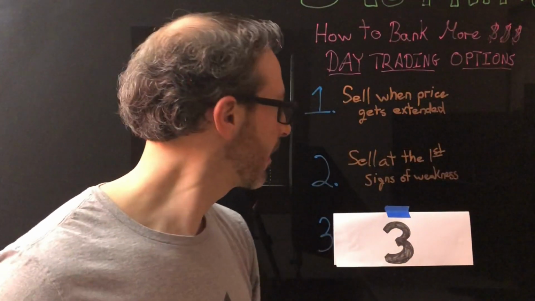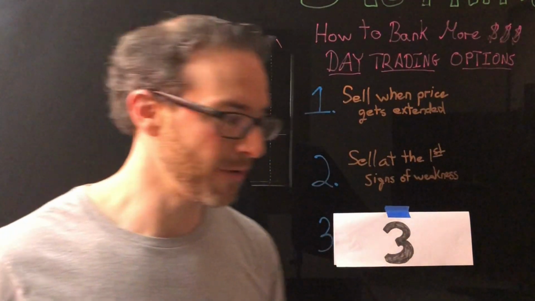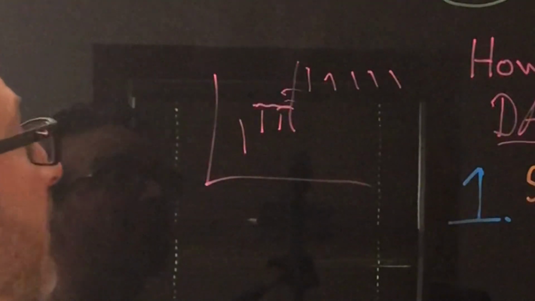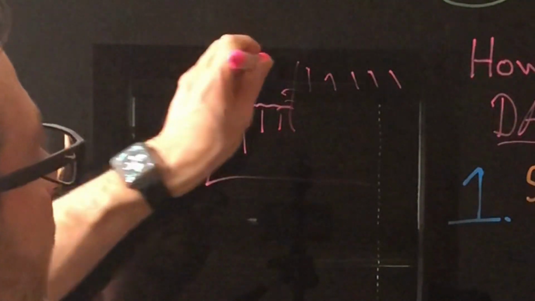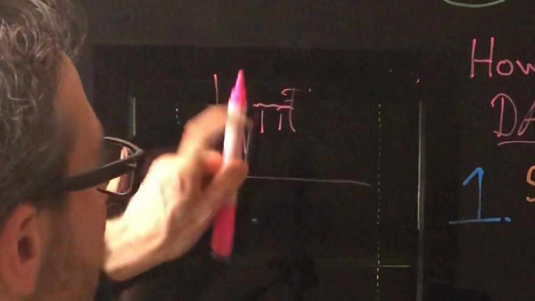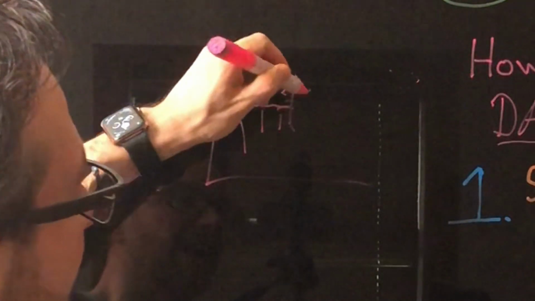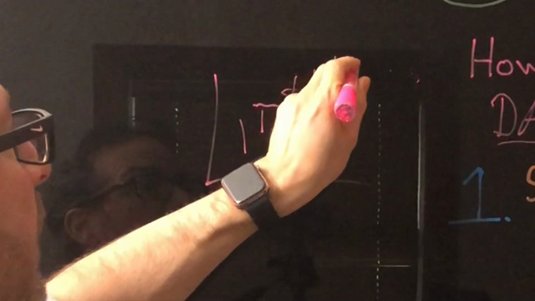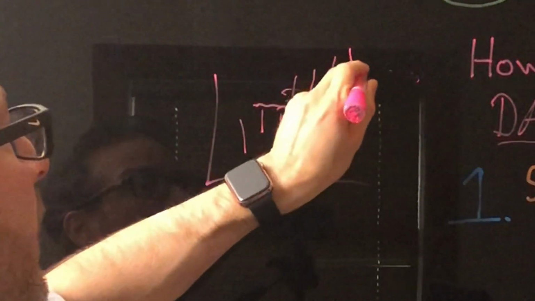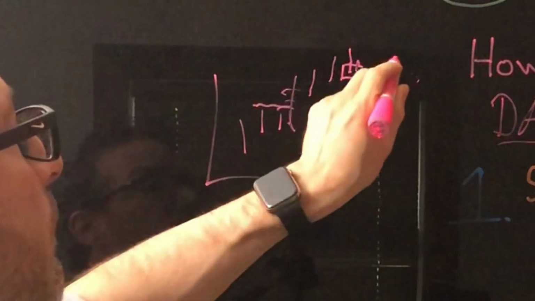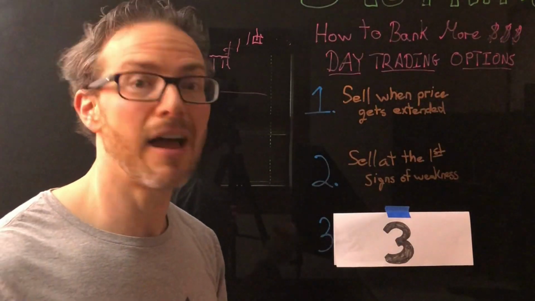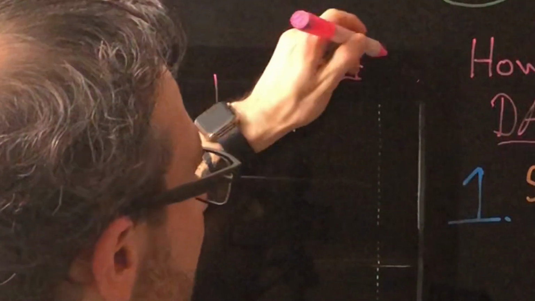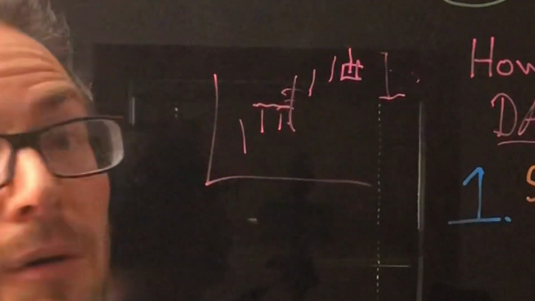Next, you want to sell at the first sign of weakness. Let's say that price moved up and then it's starting to move up higher, and then you get a candle where it's closing near the bottom, or if you're a bar chart guy, I look at both, let's say that it's closing near the low.